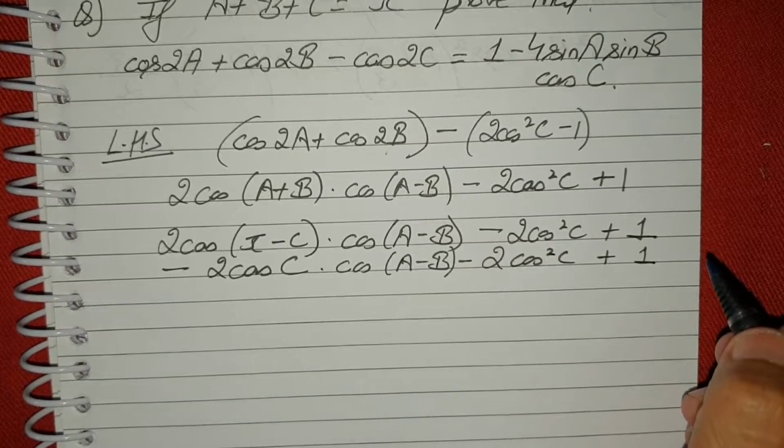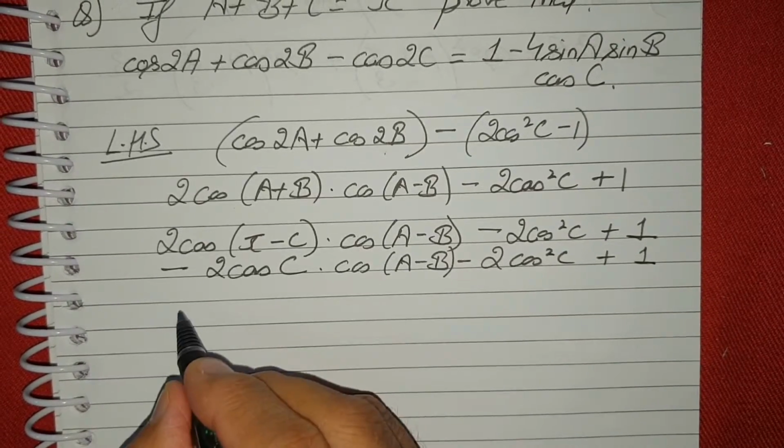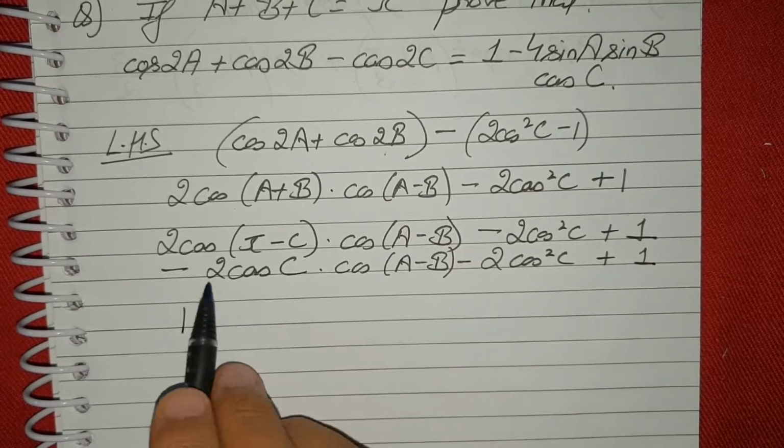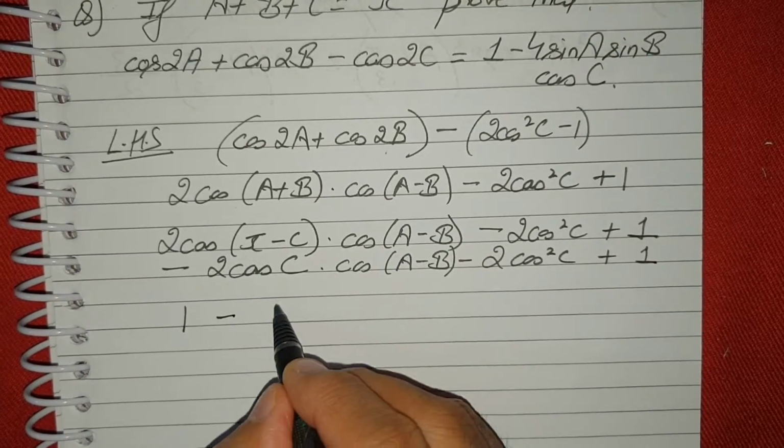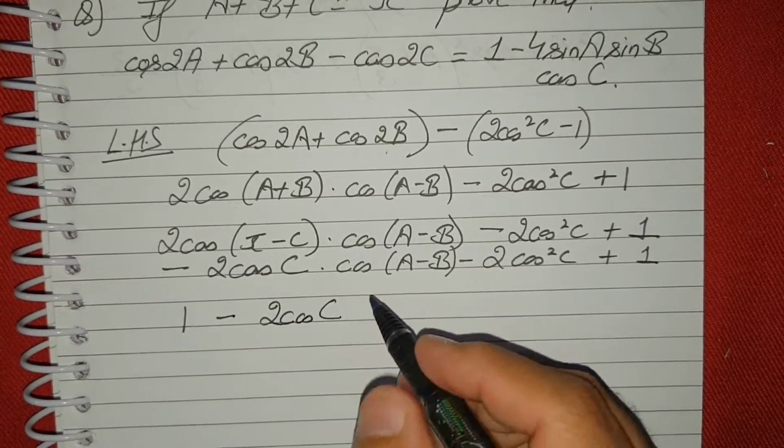Okay, now what we can do is write 1 over here, and take minus 2 cos C common.